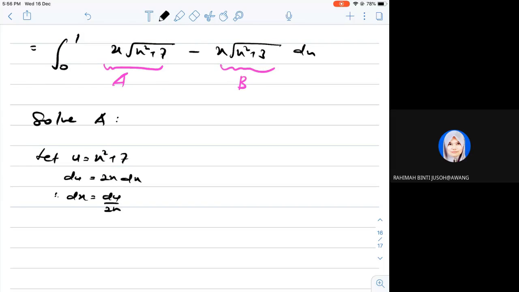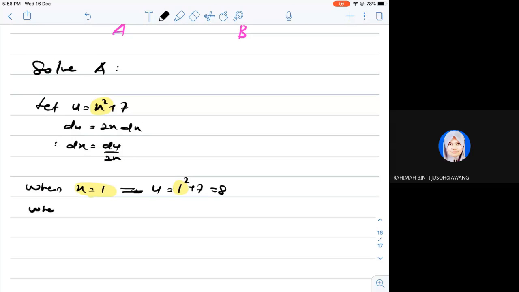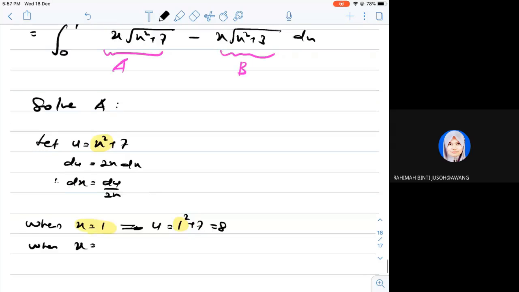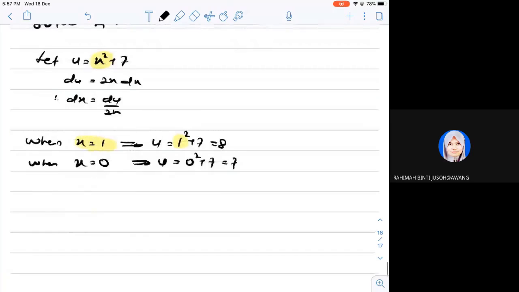Then when x equals 1, what happens to u? u equals 1 squared plus 7, which becomes 8. And when x equals 0, u equals 0 squared plus 7, so it becomes 7.